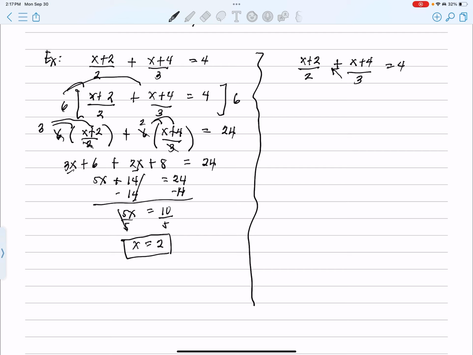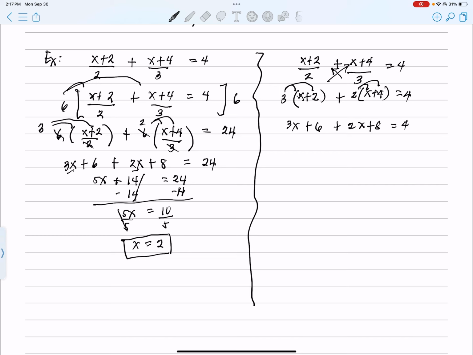So I cross multiply x plus 2 with the denominator of the other fraction. Then I'll do the same thing with the other one. I cross multiply the denominator 2 with the numerator of the other fraction. See? And I just distribute 3x. 3 times 2, that's 6. Plus 2x. 2 times 4, that is 8, equals 4.